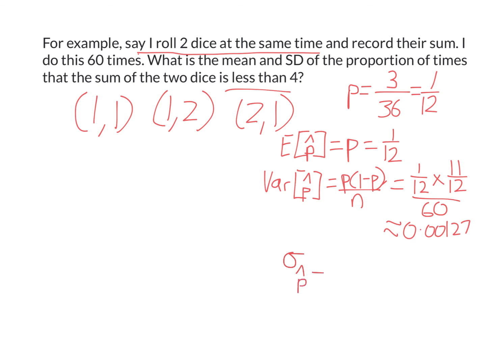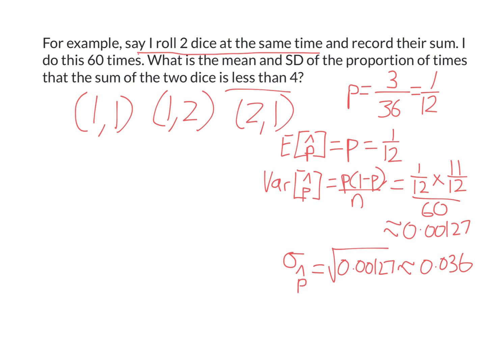The question asked me for the standard deviation. Remember, the standard deviation is the square root of the variance. I'm not actually going to round this on your calculator. You just put square root of answer, and you should get about 0.036. So what do these numbers actually mean?